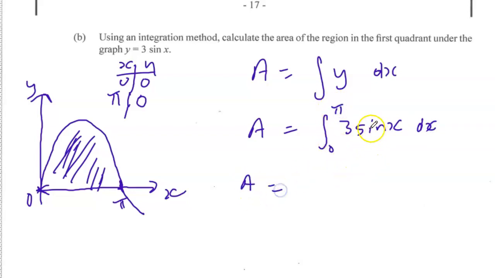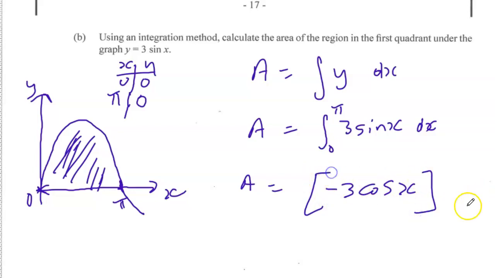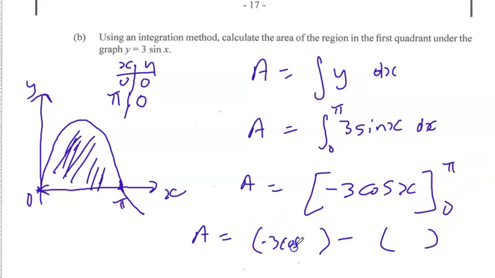So integrating 3 sin x gives minus 3 cos x between 0 and pi. So we form 2 brackets. In the first bracket, we replace x with the top value, so it's minus 3 cos pi, and in the second bracket, replace x with 0, so it's minus 3 cos 0.